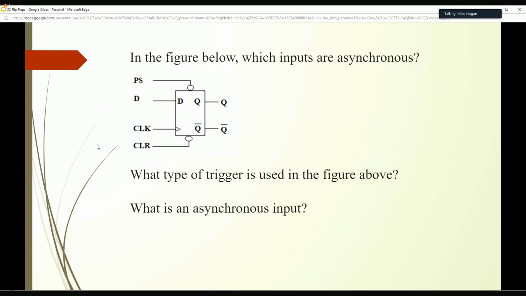All right, so this is our D-latch. We had a couple asynchronous inputs. What are our asynchronous inputs? Which ones are asynchronous?